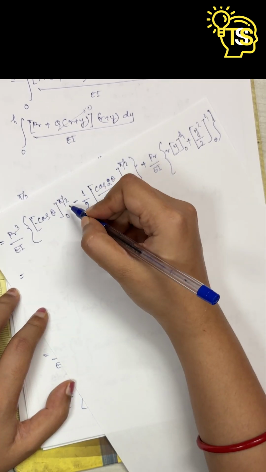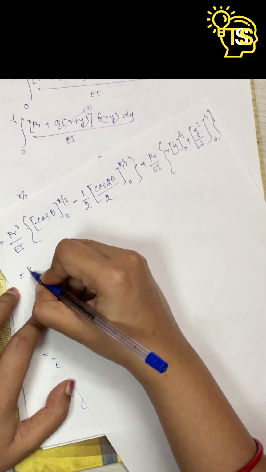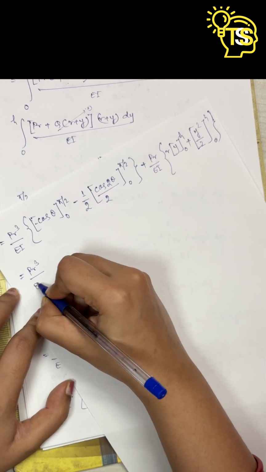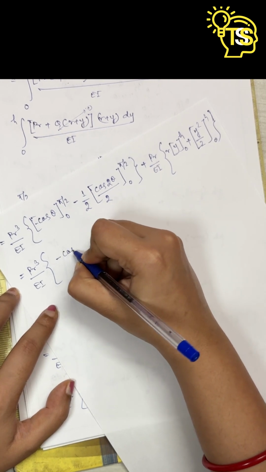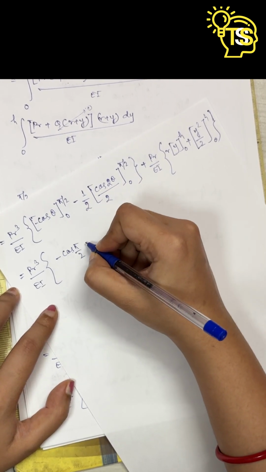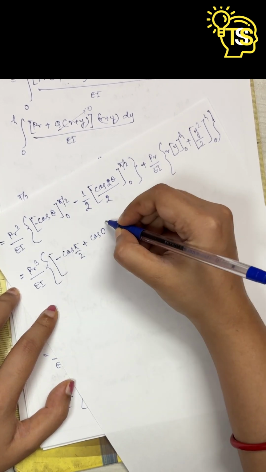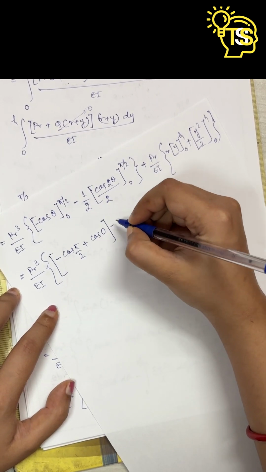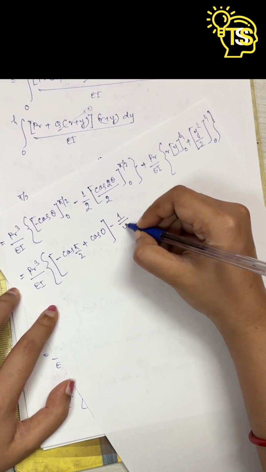Now let's put the value of the limit in place of theta. So we will get minus cos pi by 2 minus, plus cos 0. Here let's bring the 2 outside. We will get 1 upon 4.